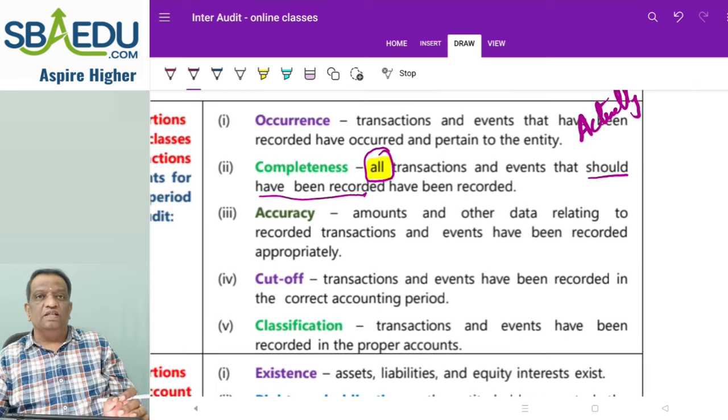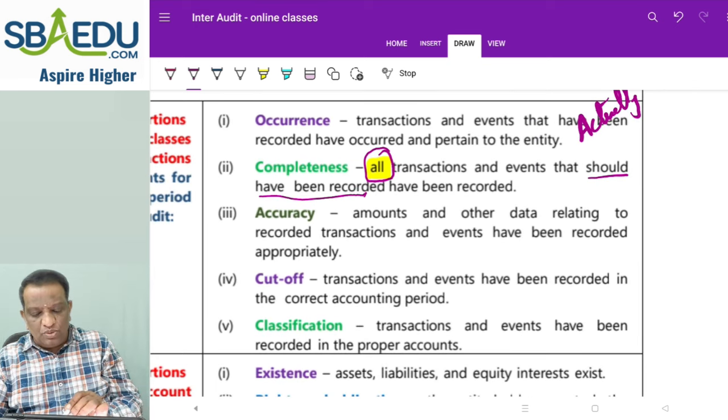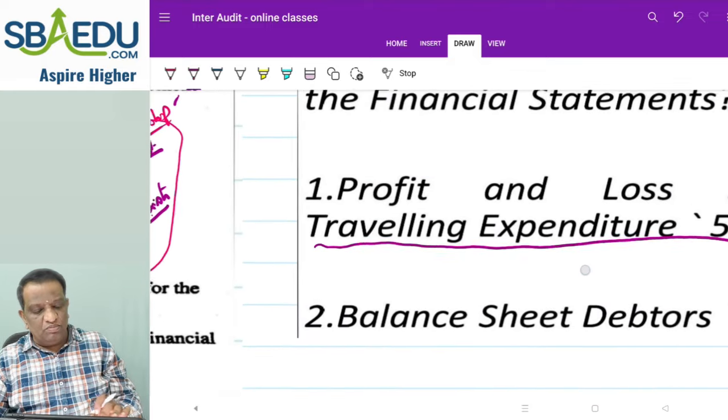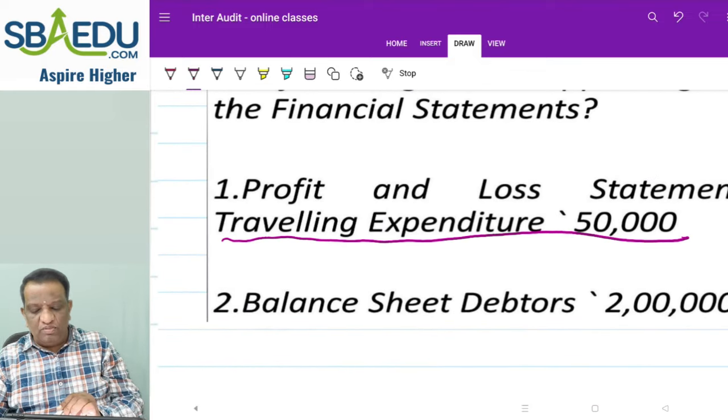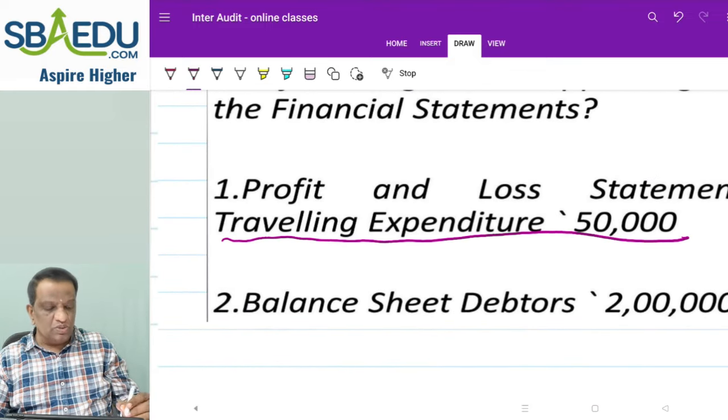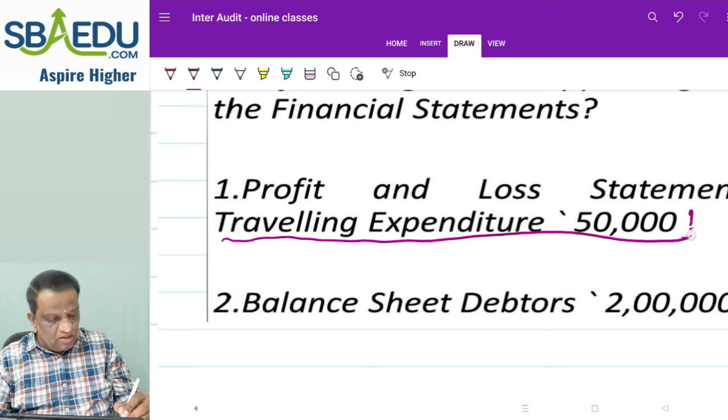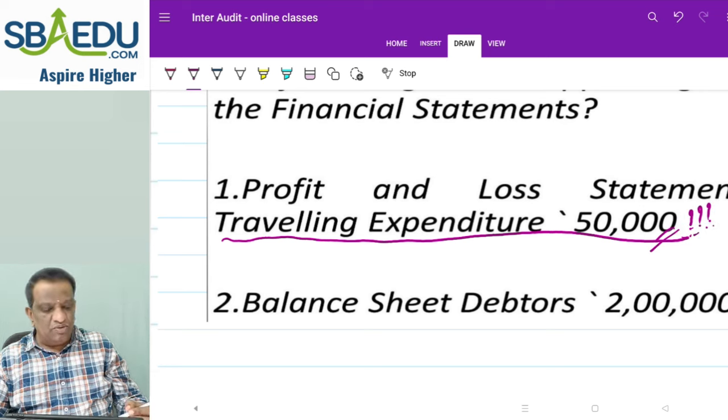Then comes accuracy. That is whether the amounts and other data they are talking about are accurate and appropriate. So is this correct? Going back to this example, when the management says traveling expenditure 50,000, is it really 50,000, or is it something more? Is this number accurate? How do I confirm?